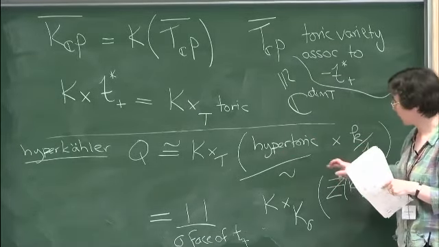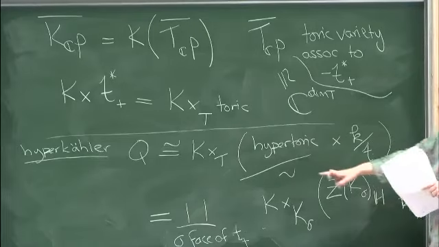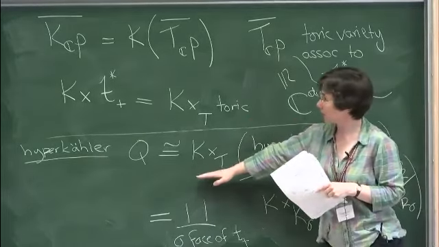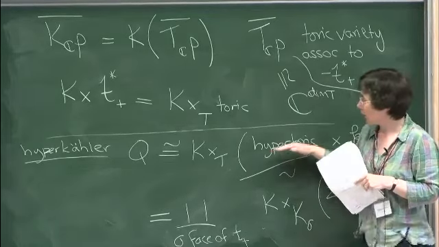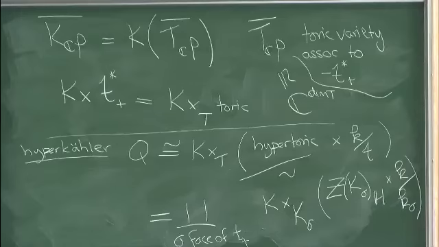So if we don't fix a complex structure, we have to leave the description of the Hyperkahler implosion in this sort of description. But if you fix a complex structure, then the complex moment map for the hypertoric variety is both surjective and has a section.